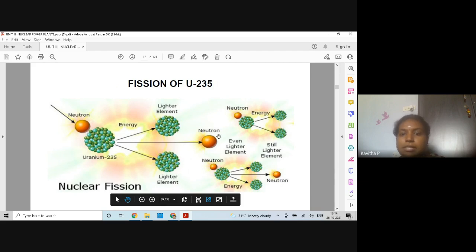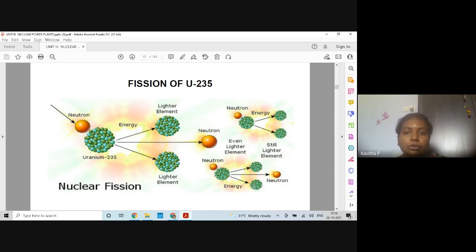These neutrons will further hit other nuclei, which will further split into two different nuclei. In each and every fission process, two nuclei are generated, three neutrons, and an enormous amount of heat energy is also produced.